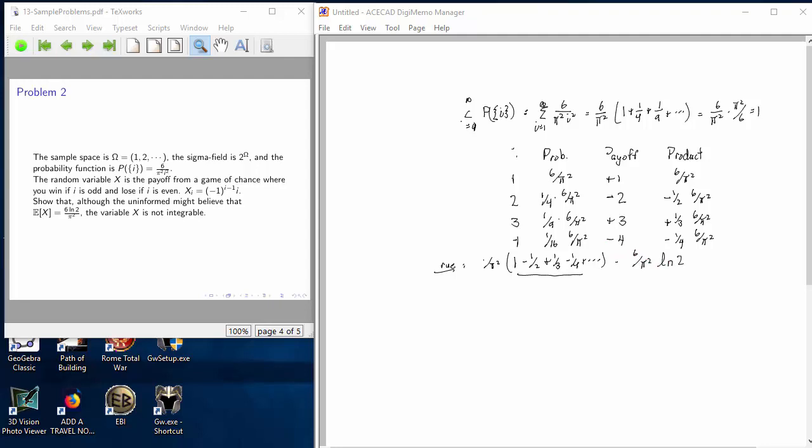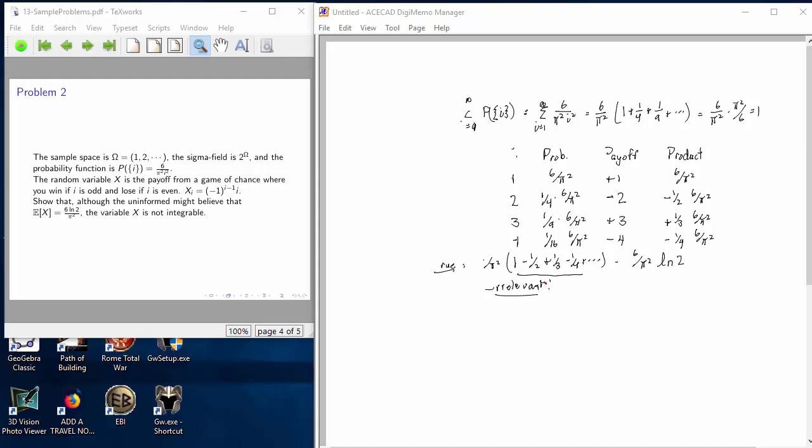So as a statement about infinite series, this is true. But it is irrelevant for our purposes. We never use conditionally convergent series to calculate expectation. So now let's do it right.